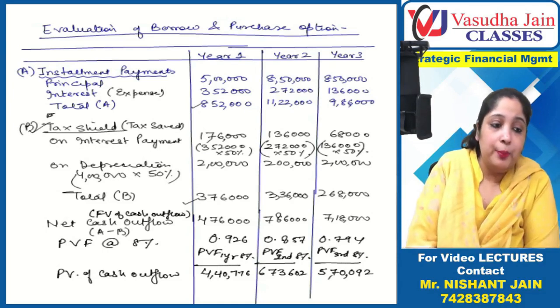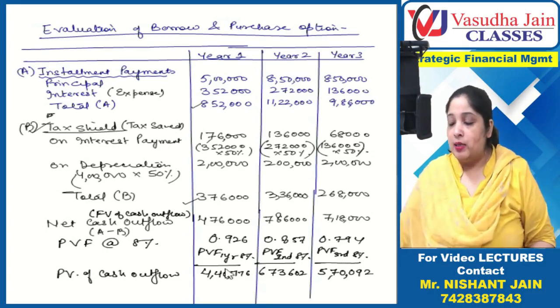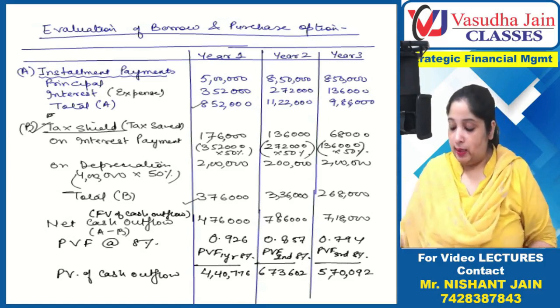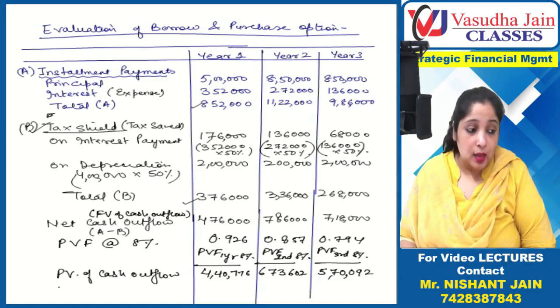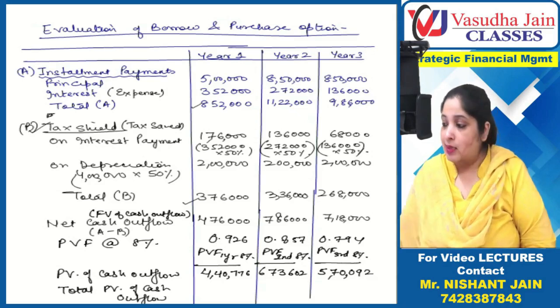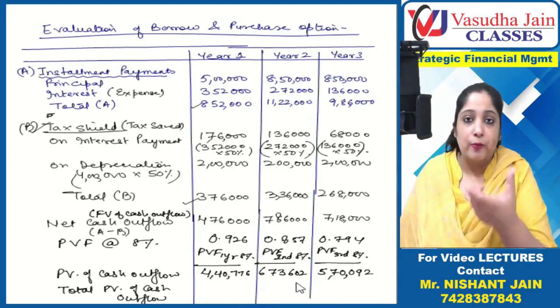Now this is the computation. Is the evaluation complete? This is the total present value. Let us do one thing. Let us add the total present value of cash outflow. Since these are present values, all these figures have come for period 0.